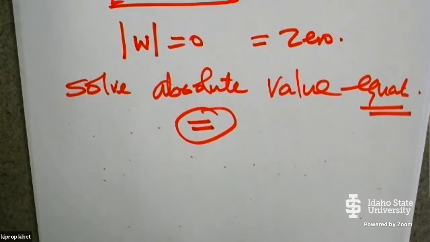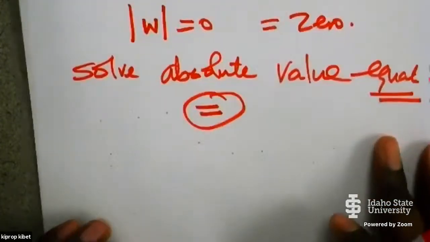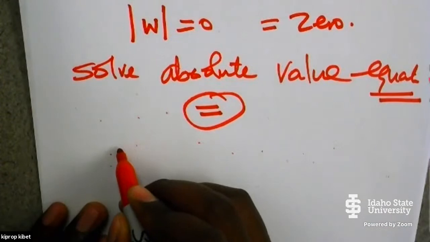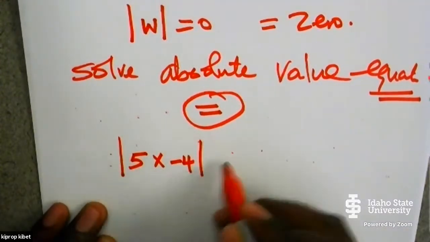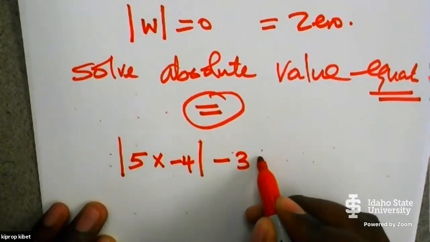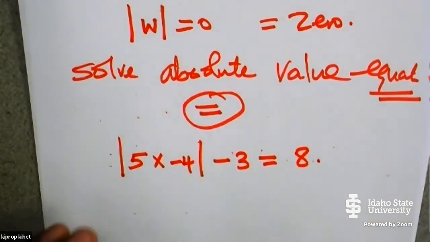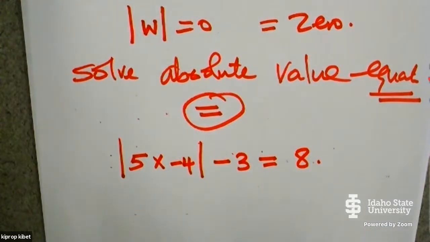Now, if you're given an example of the absolute value of 5x minus 4, minus 3, equals 8. How should we solve this?